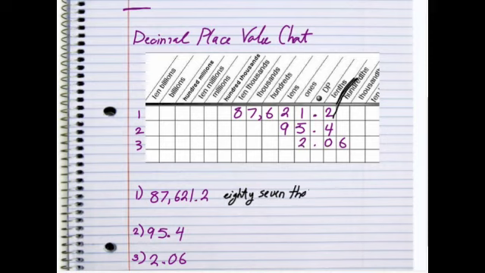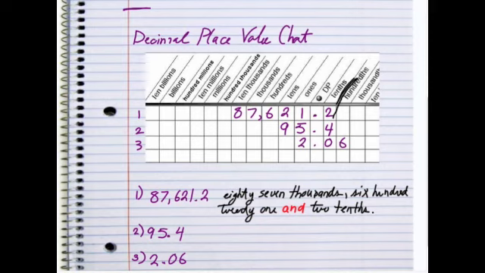87,000 or thousands, 600 21 and 2/10 with a THS.